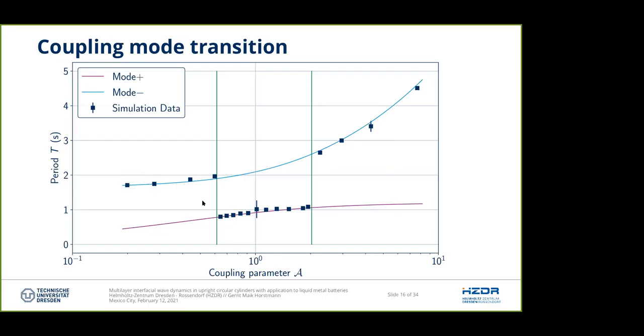But the interesting thing is that for A around 1, for highly coupled waves, I found in most cases a fast frequency mode, while for small and large A, the simulation was following the slow branch. So I found the coupling mode transition as a function of the coupling parameter.